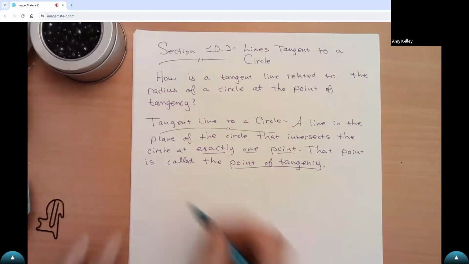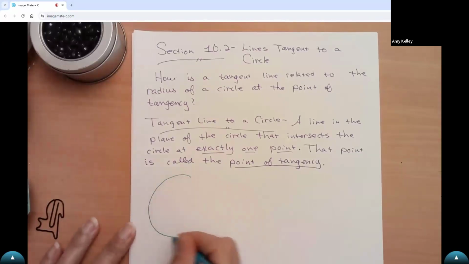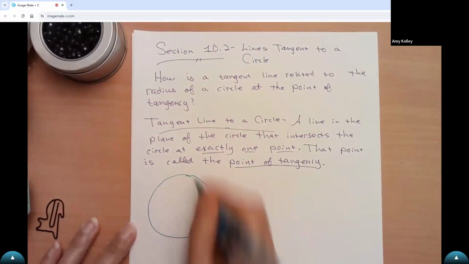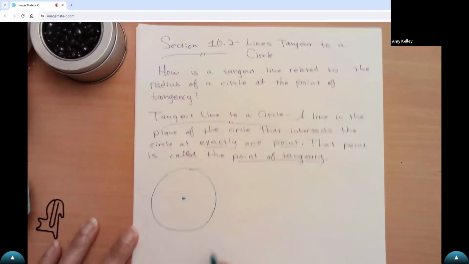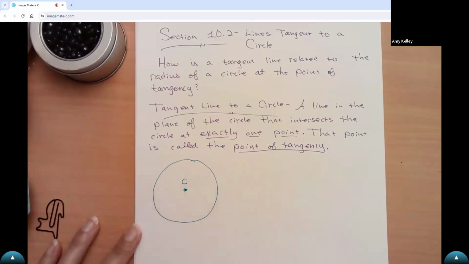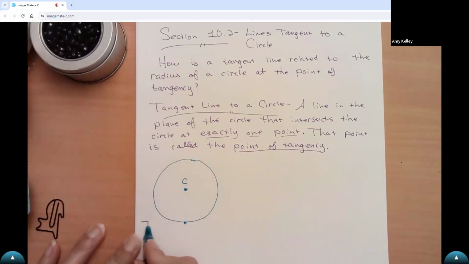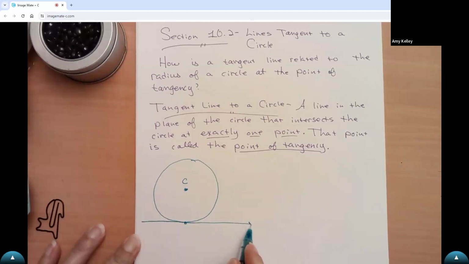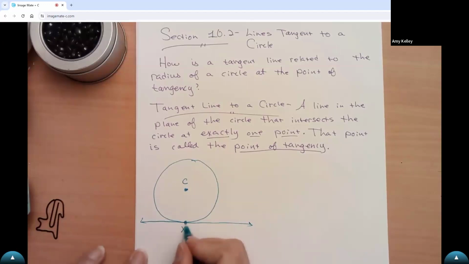Right, so for example, if I have a circle, okay, here's the center of the circle, I'll call it C. Right, and then maybe we have a line that is in the plane and it basically intersects with the circumference of the circle at one point. Right, I'll call that X. So right here, this X is the point of tangency.